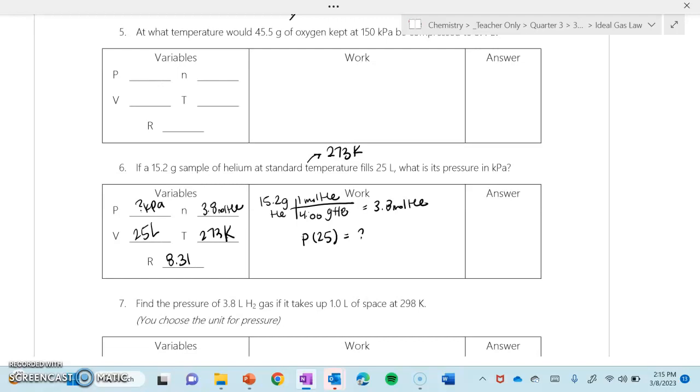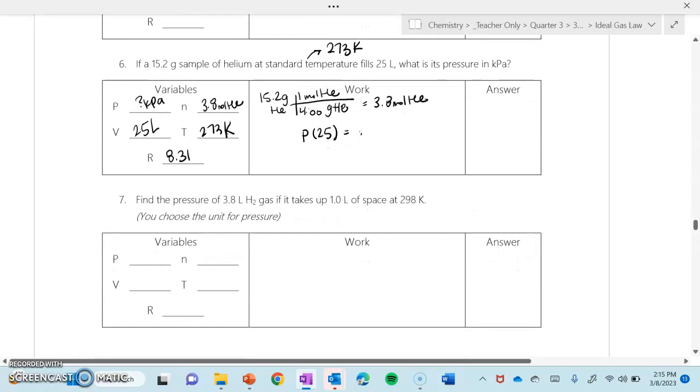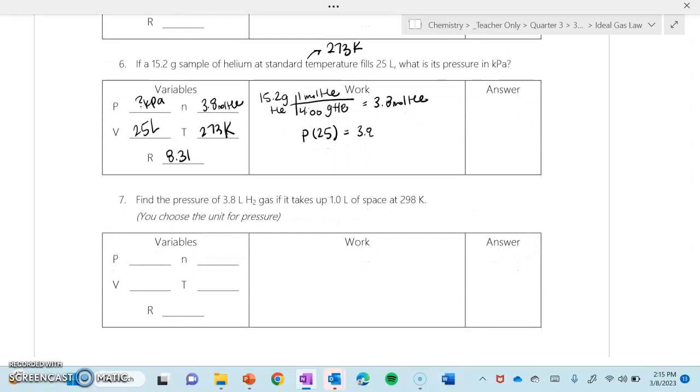N, R, T. Multiply. 25P equals, this is a large number, 8,610.